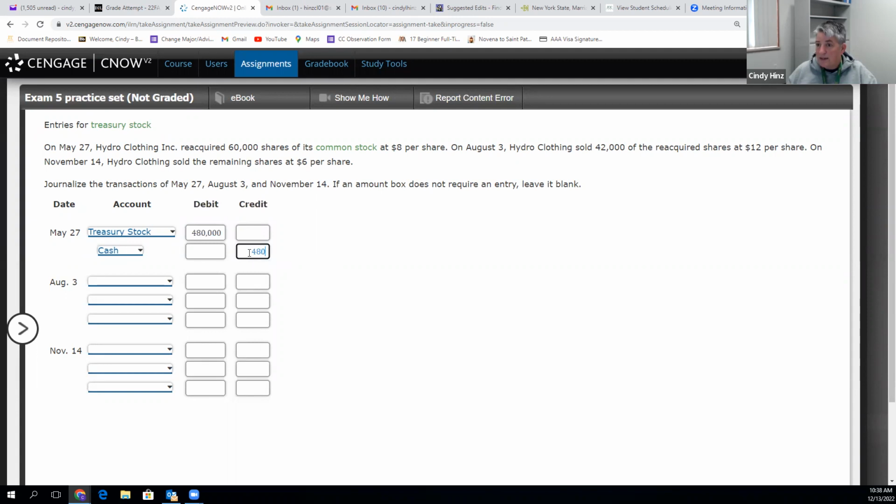Now, treasury stock does have a normal debit balance, unlike our typical equity accounts, and that treasury stock then offsets or reduces our total equity balance. And again, we used cash to buy that back.